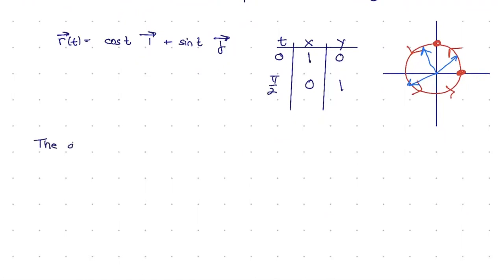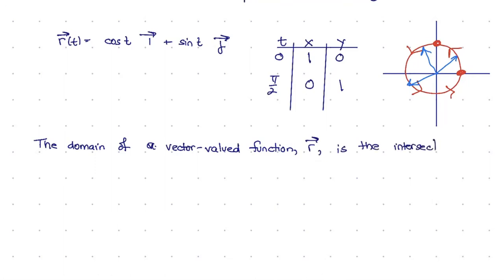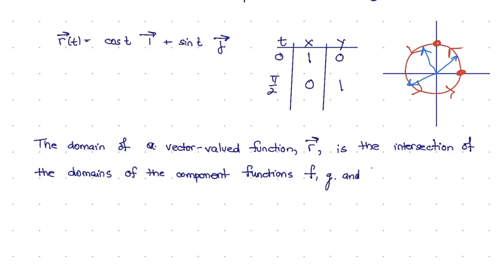The domain of a vector valued function given by r is the intersection of the domains of the component functions f, g, and h.